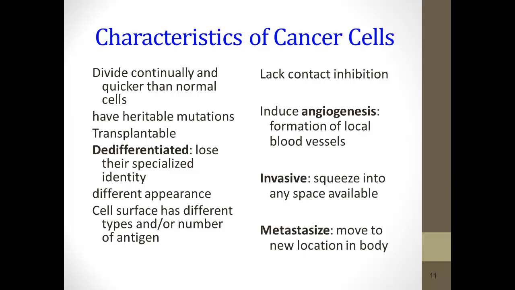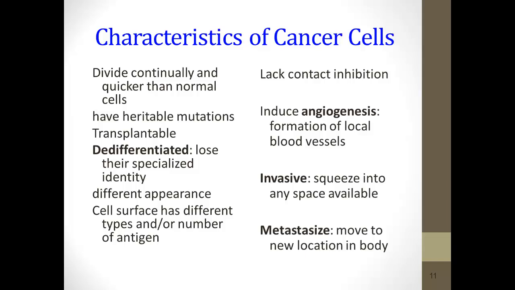They are de-differentiated, which means that these cells lose their special identity, like if they're a liver cell or a lung cell or a red blood cell or white blood cell, they don't have that differentiated identity that attaches to the cell. They appear different and they look different, and they do have different types and or numbers of antigens on them.